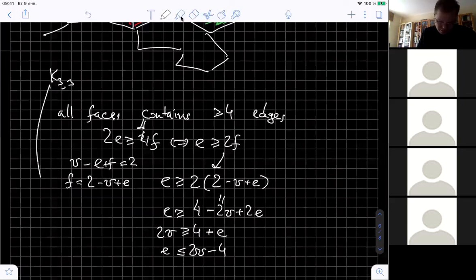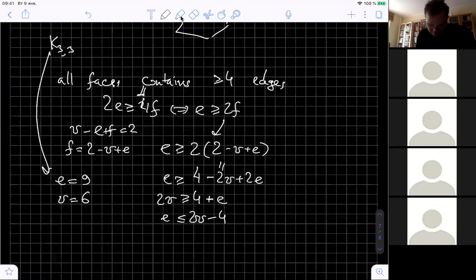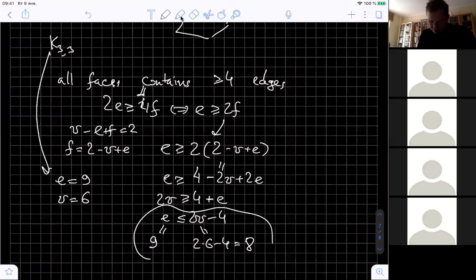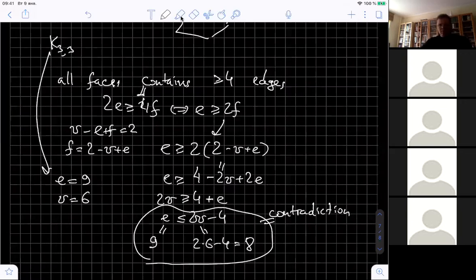And so for our graph, as I said, e is equal to 9 and v is equal to 6. 2 times 6 minus 4 is just 8. And again, we have a contradiction to the proposition that K33 is planar.